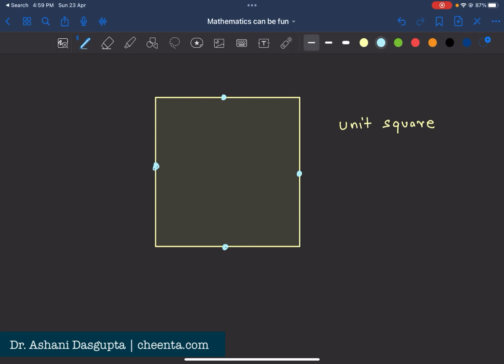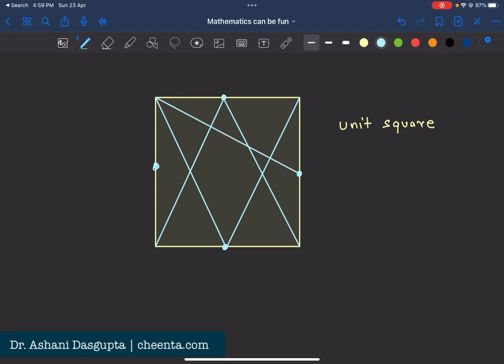And let us draw equilateral, actually isosceles triangles like this. And one like this. And one like this. And finally, one like this.